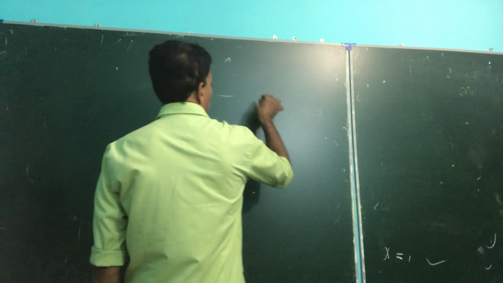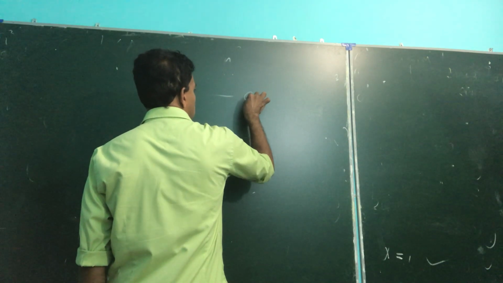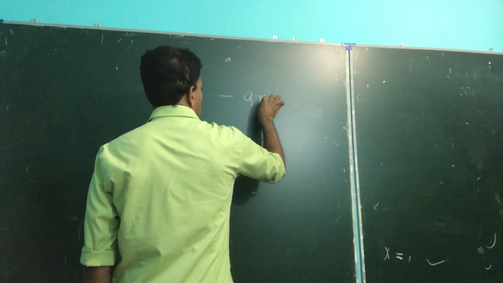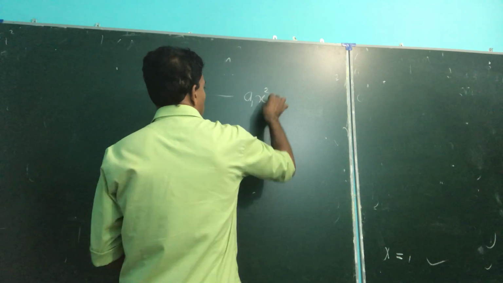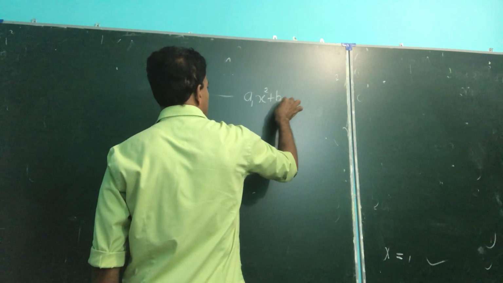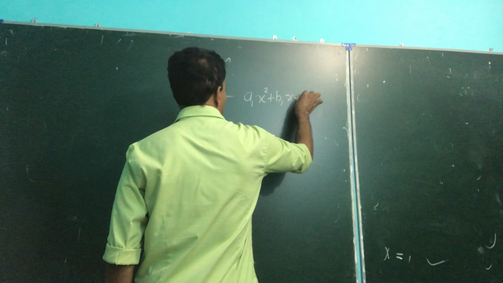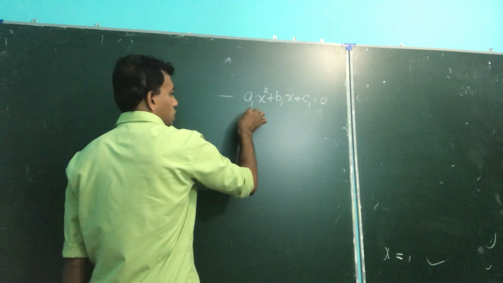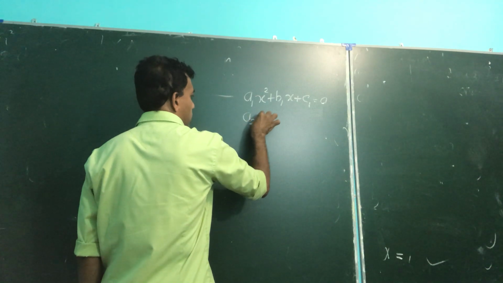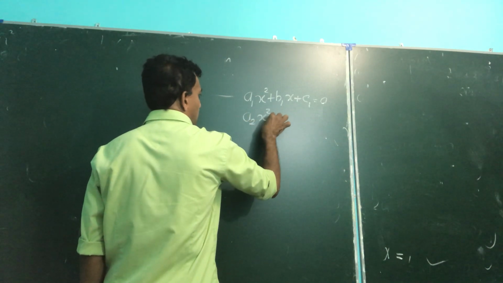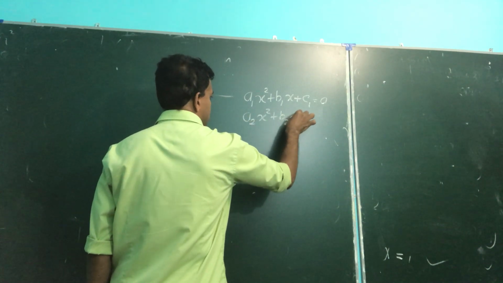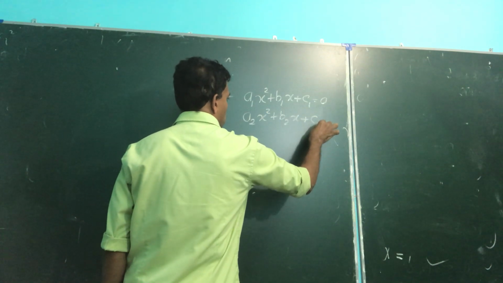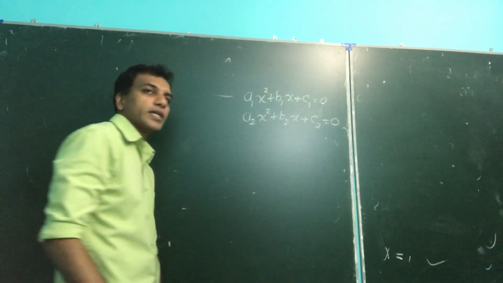See, I said two quadratic equations: a1x square plus b1x plus c1 equal to 0, and the other equation, a2x square plus b2x plus c2 equal to 0. Two equations here, right?